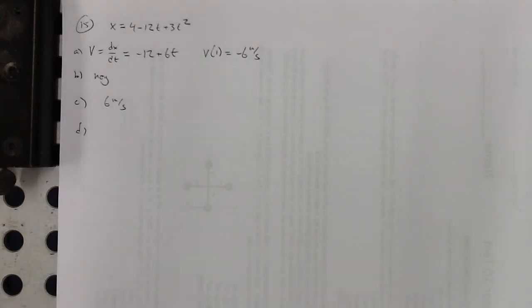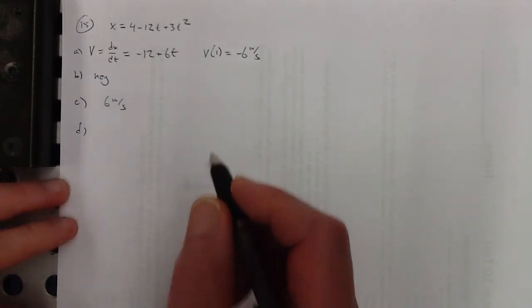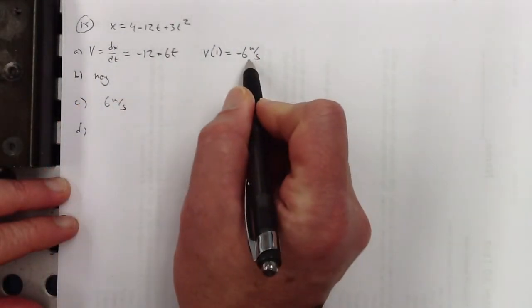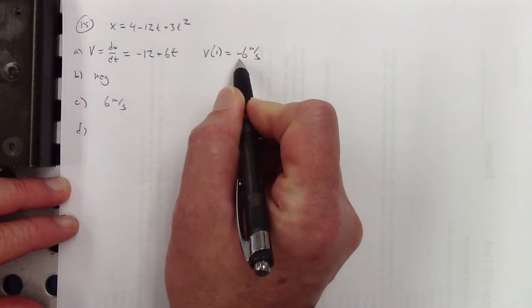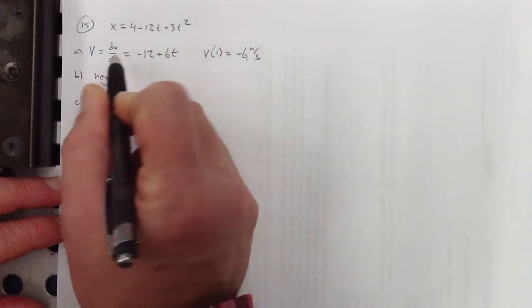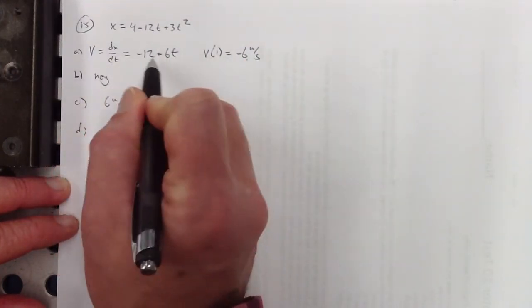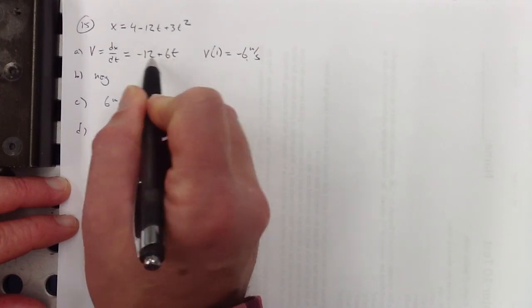Okay, so that's a little tricky. With what we know right now, maybe the best way to answer that is to figure out what the speed is like a second later. So the velocity is -6 meters per second at time 1. At time 2, it's going to be 0.